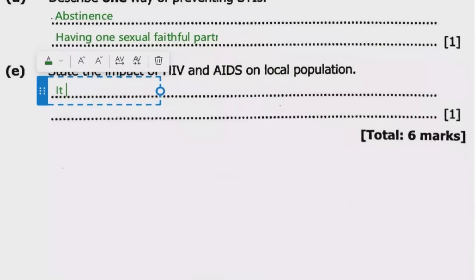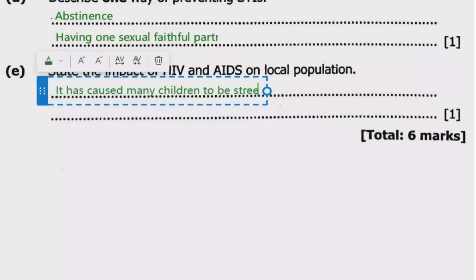It has caused many children to be street kids.